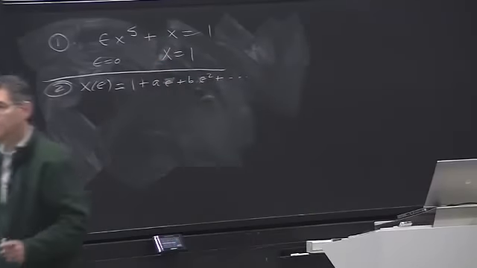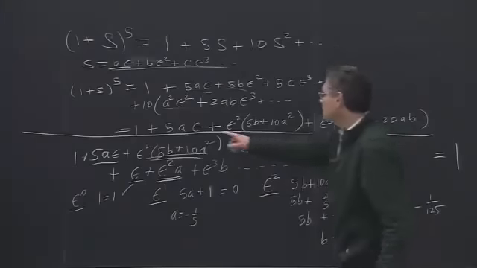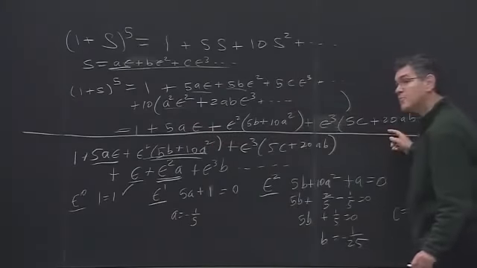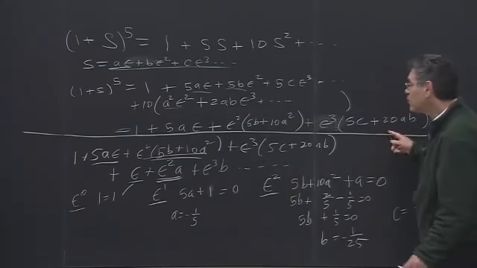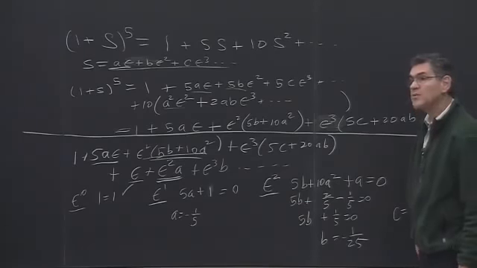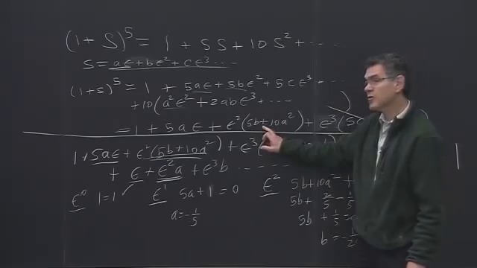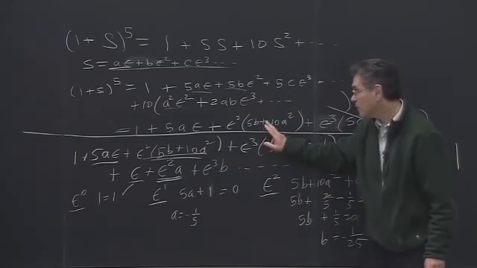But now things are going to be a little bit simpler because this thing is going to be multiplied by epsilon. So if we're going to work to, say, order epsilon squared, we don't need so many terms. We don't need this term because all this is going to be multiplied by epsilon, right?